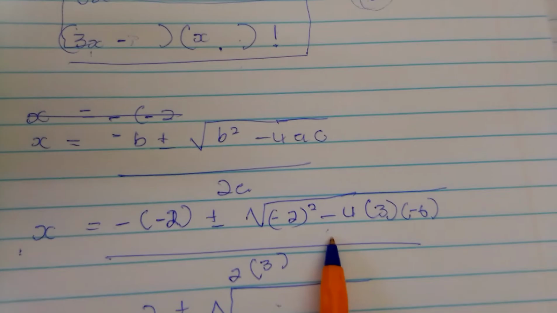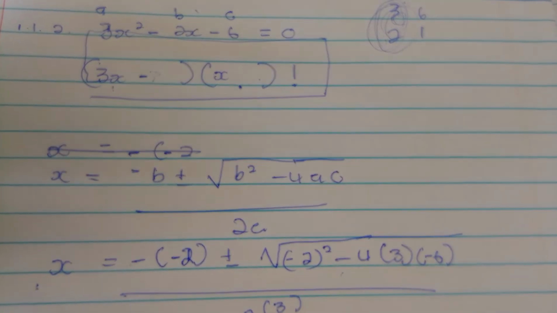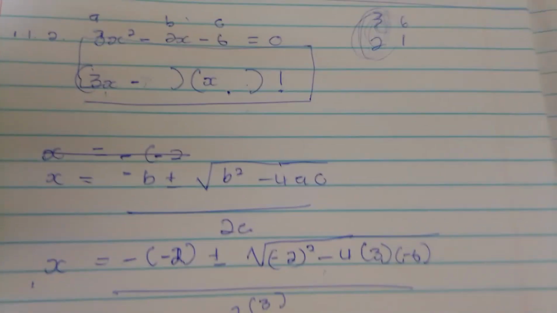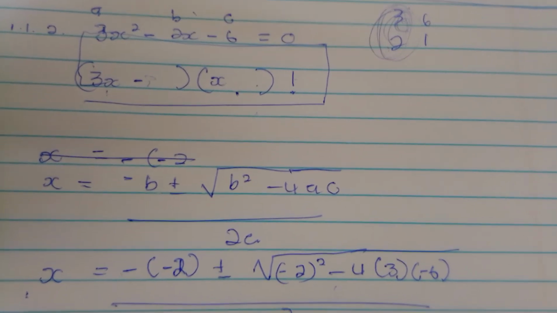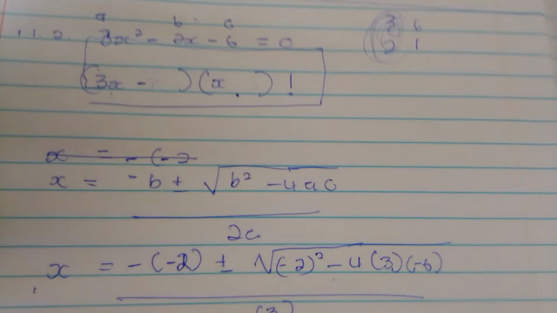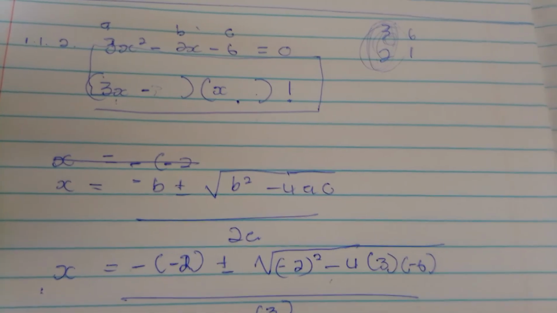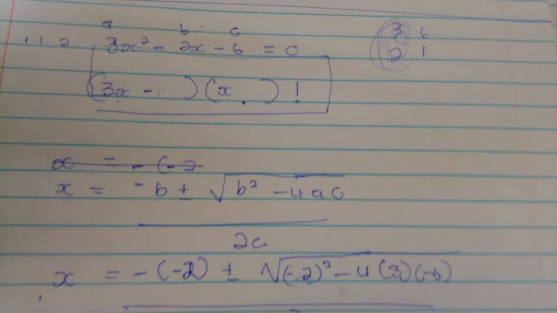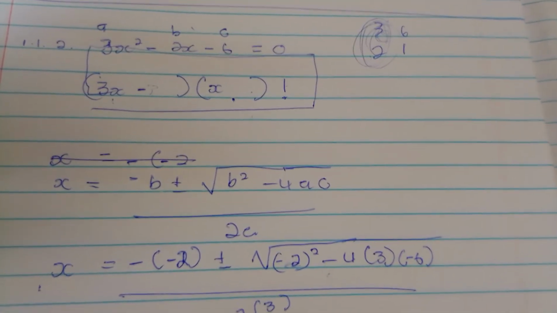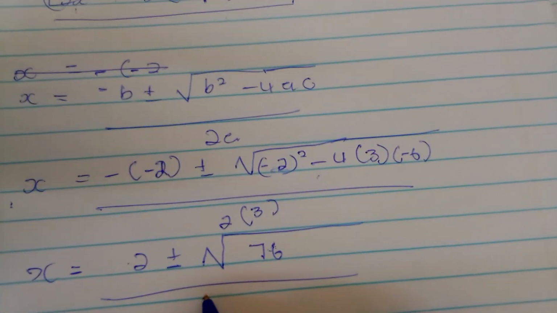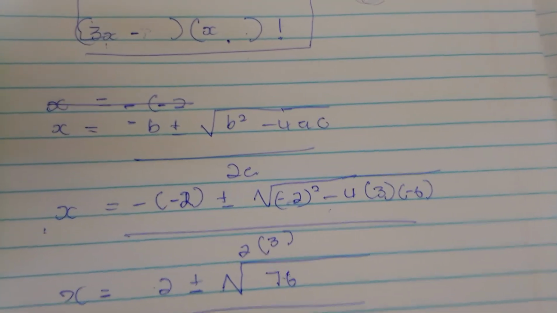Negative 12 multiplied by negative 6, you're going to have positive 72 if I'm not mistaken. Then you write positive 72 plus 4, the 4 from here, which is going to be positive 76. Then 2 multiplied by 3 is 6. Then you're going to have 2 plus or minus the square root of 76 divided by 6.